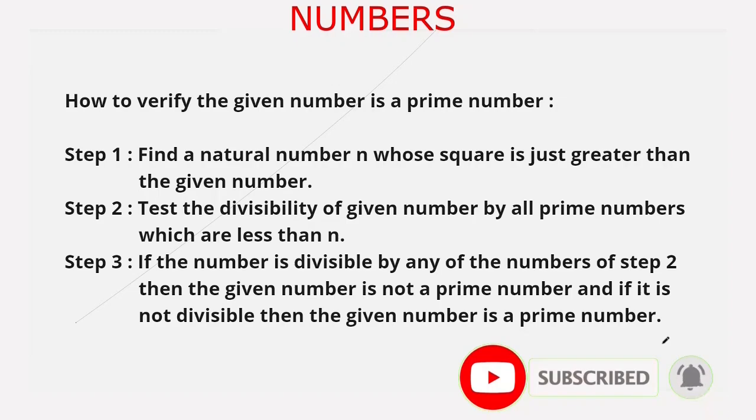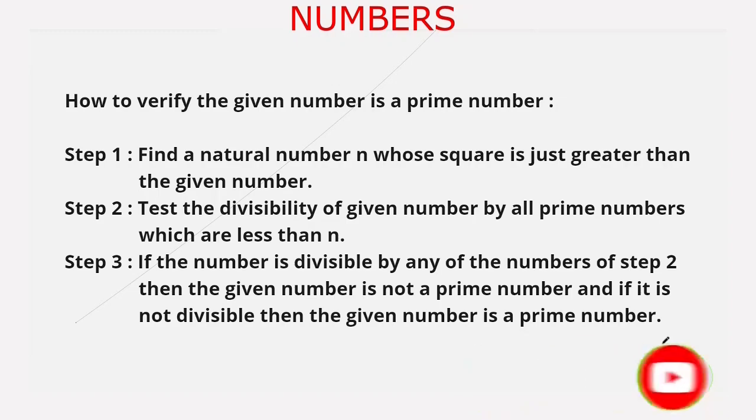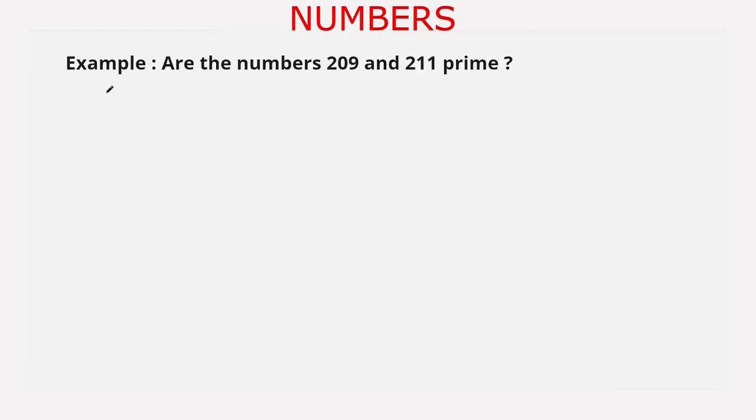We will learn this by a few examples. The given example is, are the numbers 209 and 211 prime? So we have to solve this. We have to find the number n whose square is greater than 209 and 211, and that number is 15.